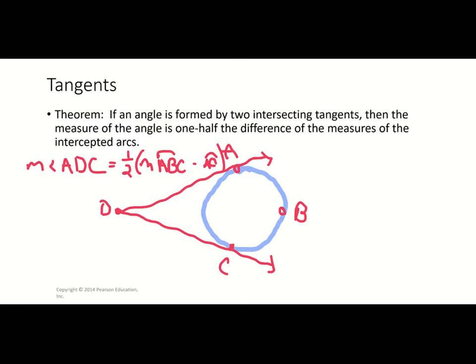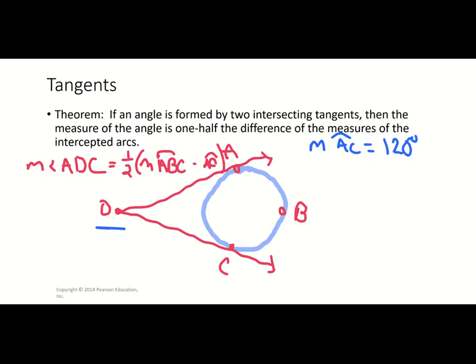So let's say, for instance, if I know that the measure of arc AC is equal to, we'll say 120 degrees. If I want to find the measure of angle ADC, I need to know the measure of the other intercepted arc ABC, but the two arcs make up the entire circle.